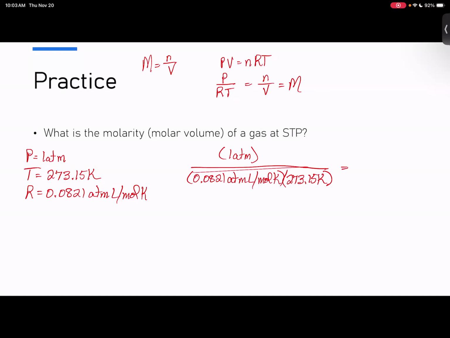And that will equal the molarity. The molarity, therefore, is 0.0446 molar for this gas. Questions?